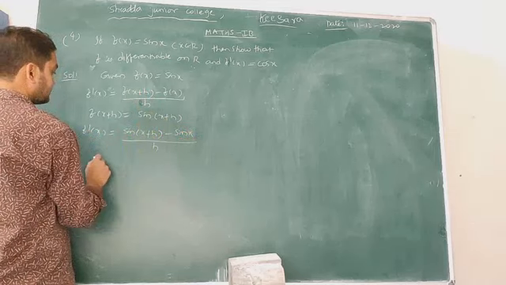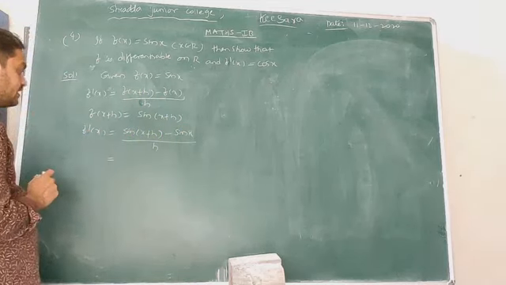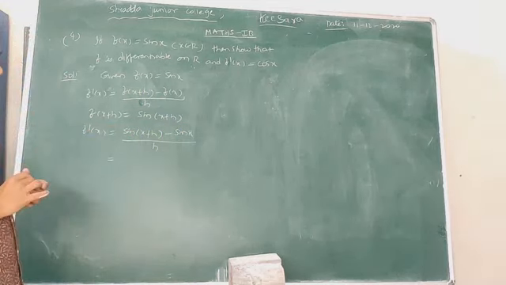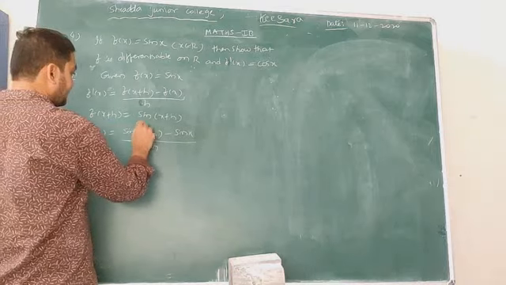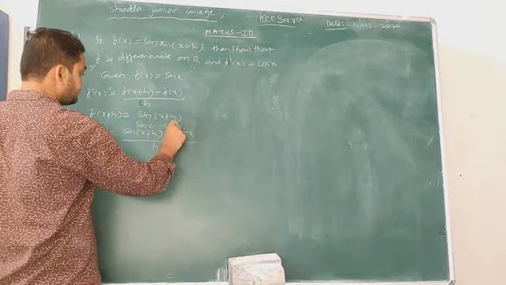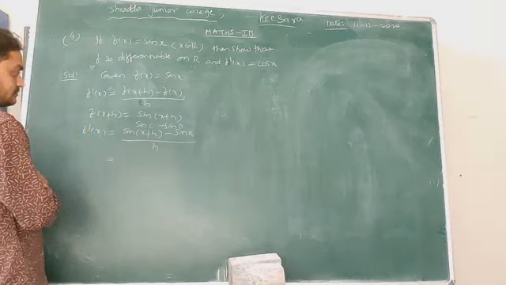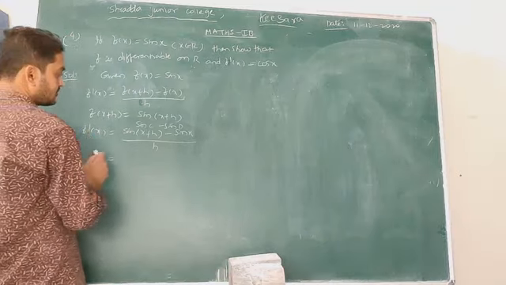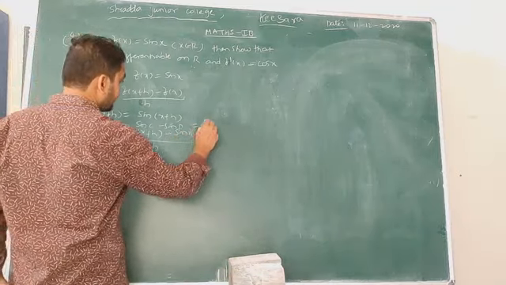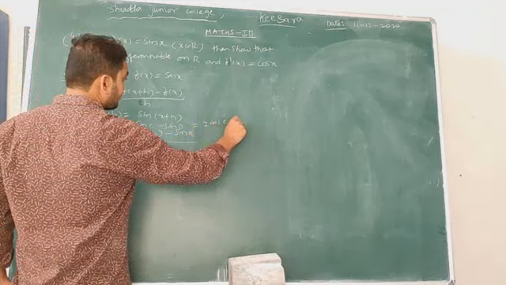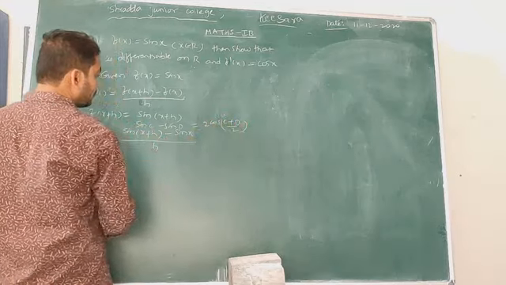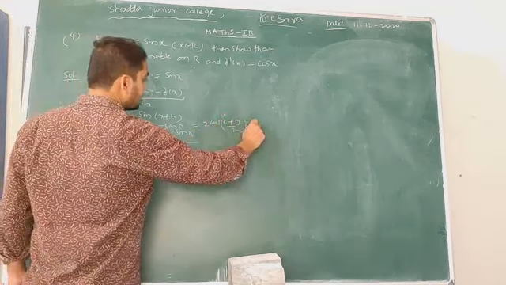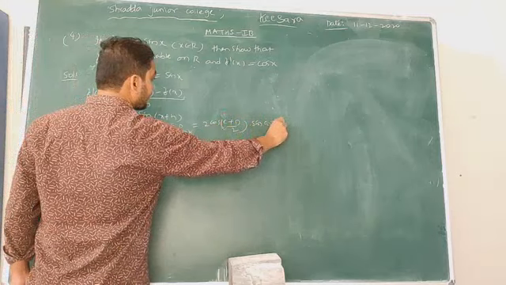by h. So see here, it's in which form? Sin C minus sin D. Sin C minus sin D, what is the formula? That is 2 cos of (C plus D) by 2 into sin of (C minus D) by 2.